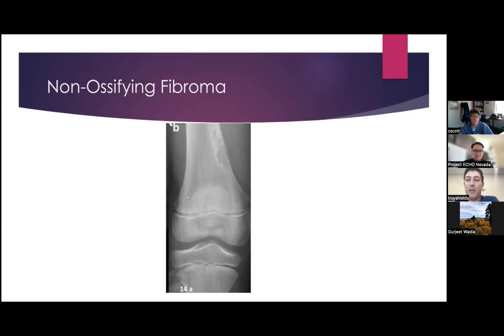These ones are typically not painful in any way, and it's purely an incidental finding on x-ray. The hard part is it is a lytic lesion, so sometimes it can be a little scary when you're looking at it, especially since it's near the edge of the bone. Very rarely do these require any treatment.